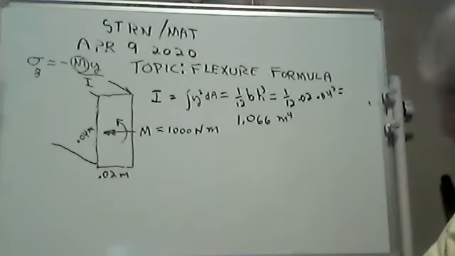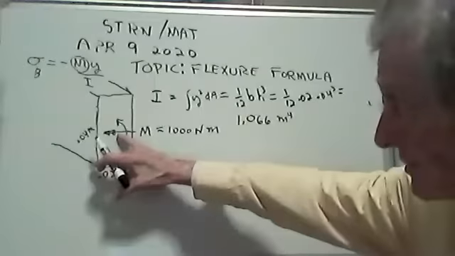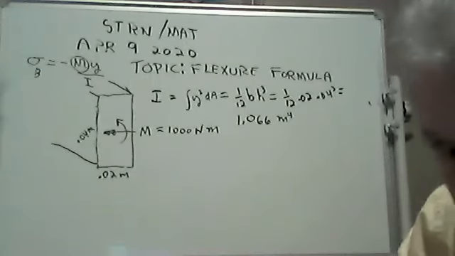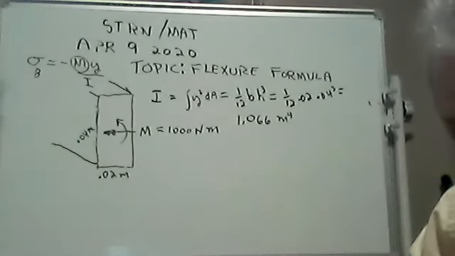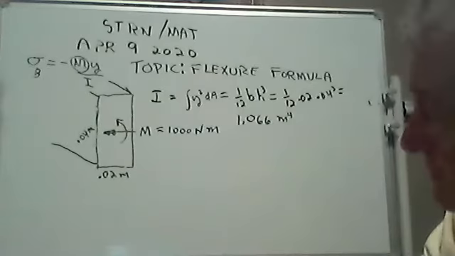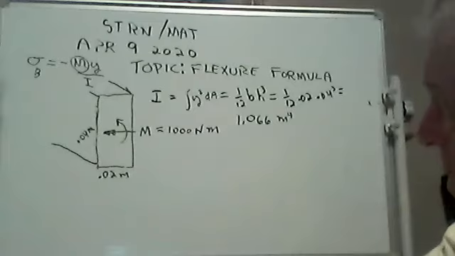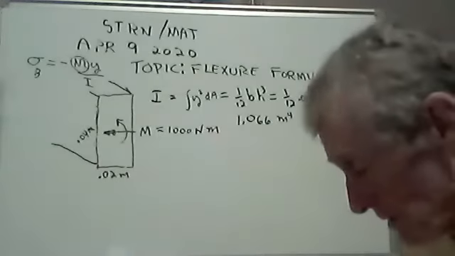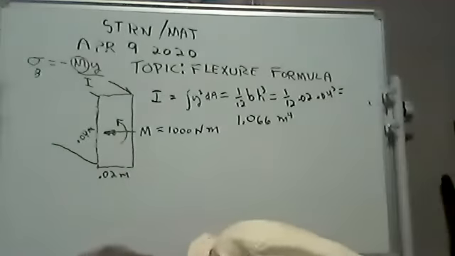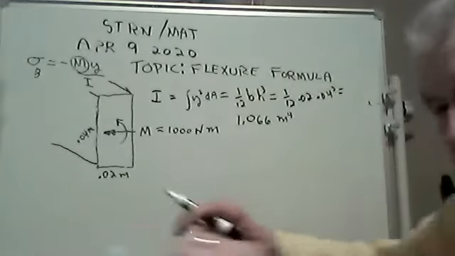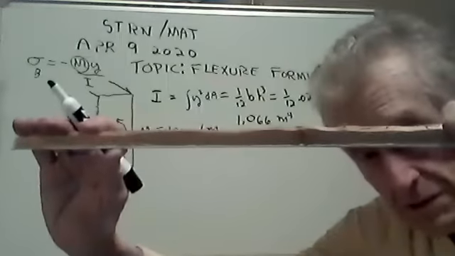Hey, Professor. Yeah, since the force is acting to the side, does that change? That's not a force. That's a moment. Since the moment is acting on the side, doesn't the main axis that we need to cube, isn't that the 0.02 instead of the 0.04? No, I think what you're talking about is you're trying to bend this beam like that.